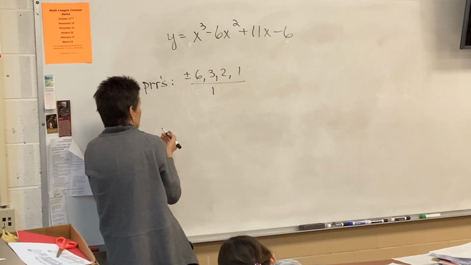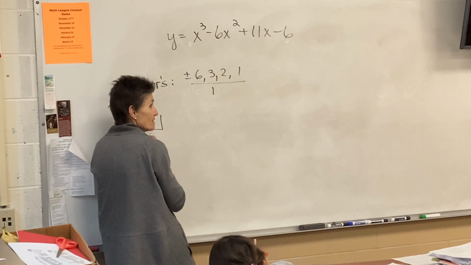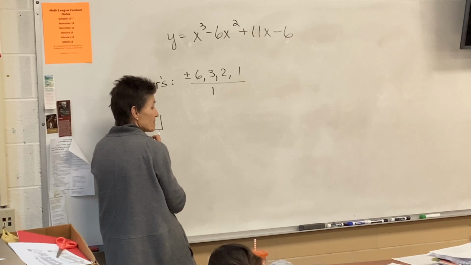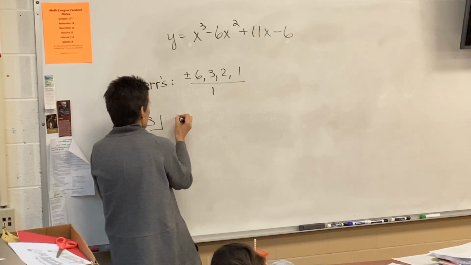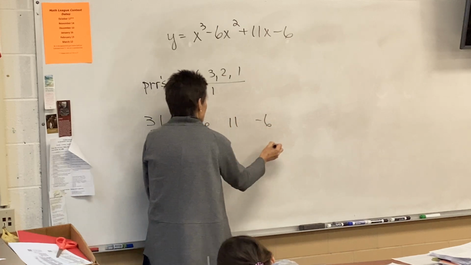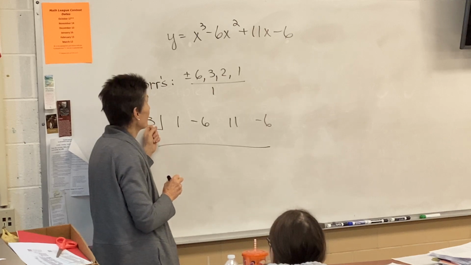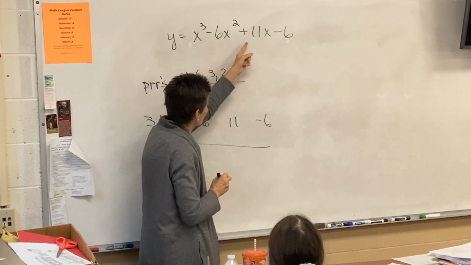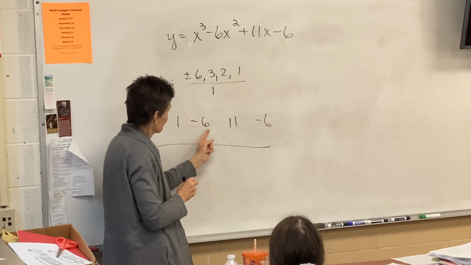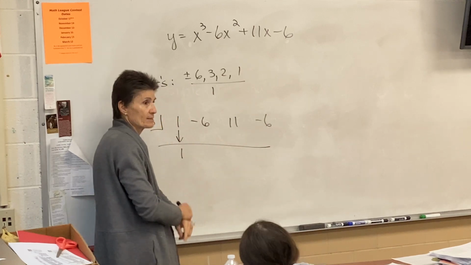What do you think? 3? 3's our guess, so we're gonna put 3 out here in the box. And then 1, -6, 11, and -6. So whatever number you're guessing, put it in the box. Then all of your coefficients here. And then bring this guy straight down to get started.